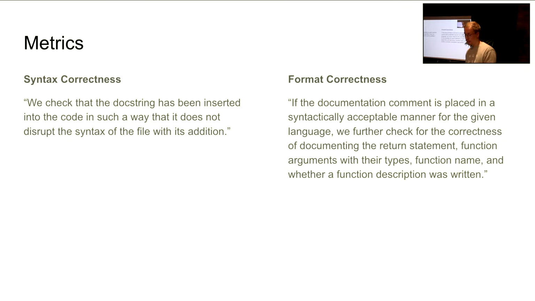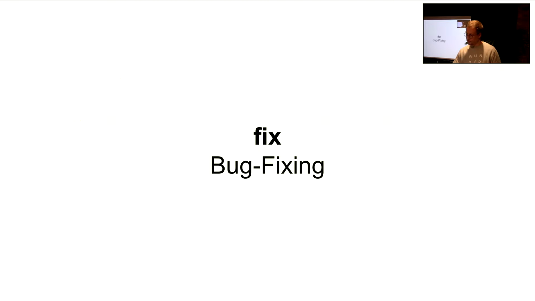So the syntax correctness means it doesn't break the syntax of the file. And then the format correctness: we check the correctness of documenting the return statement, function arguments with their types, function name, and whether a function description was written. That would be the evaluation, right? How do our docs commands work?